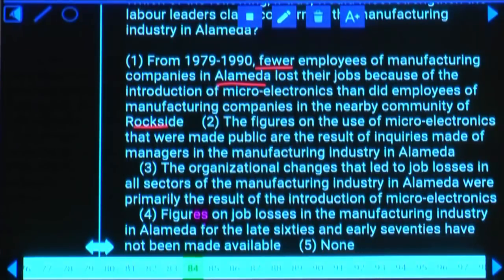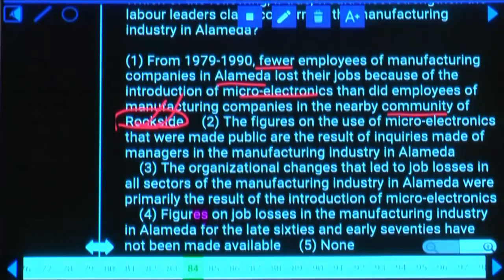Now, when compared with the nearby community of Rockside, that means a nearby place. A nearby place లో చాలా మందికి జాబ్స్ పోయాయి అన్నాడు. వీళ్ళతో ఆల్మడాతో కంపేర్ చేసుకుంటే అక్కడ జాబ్స్ విపరీతంగా తగ్గిపోయాయి. కానీ ఆల్మడాలో కొద్ది తక్కువ మందికి మాత్రమే పోయాయి. అవునా కదా? ఎందుకు చెప్పండి? ఎలక్ట్రానిక్స్ ఇంట్రడ్యూస్ చేయడం వల్ల తక్కువ మందికి పోయాయి, కానీ ఇక్కడ మాత్రం విపరీతంగా పోయాయి.